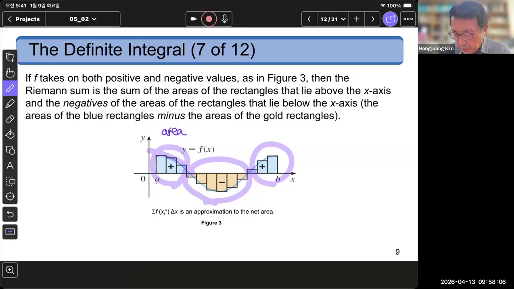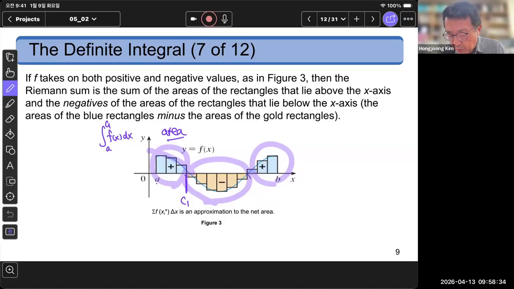between A and, say, if this point is C1, then the area of the region bounded by f of x and the x-axis between A and C1 will be represented by the definite integration. So the integration of f from A to C1 will represent this area.